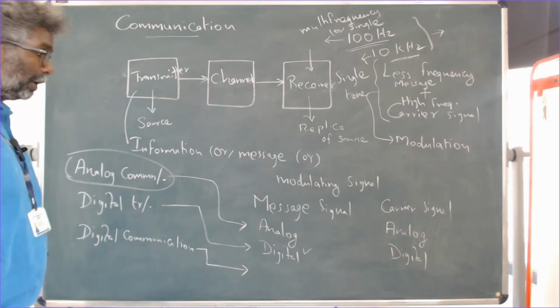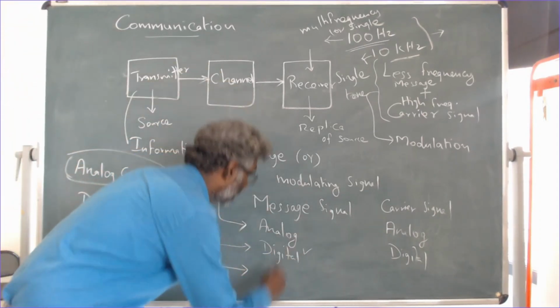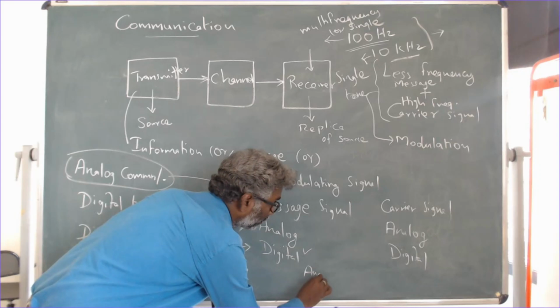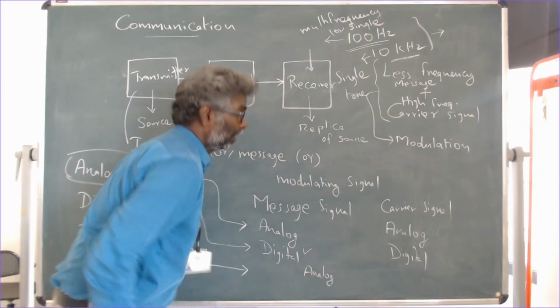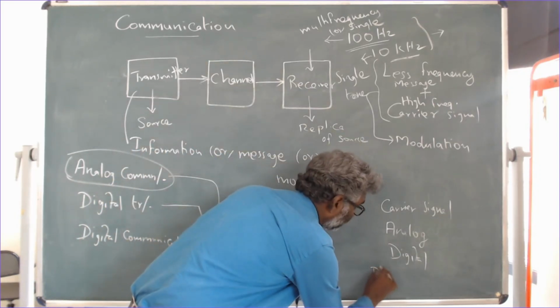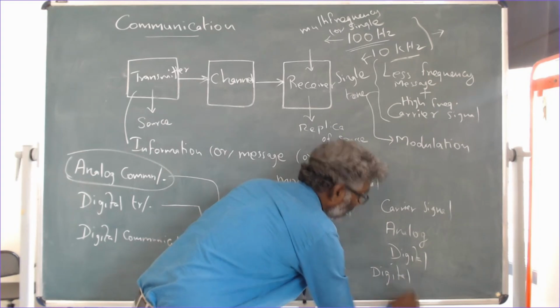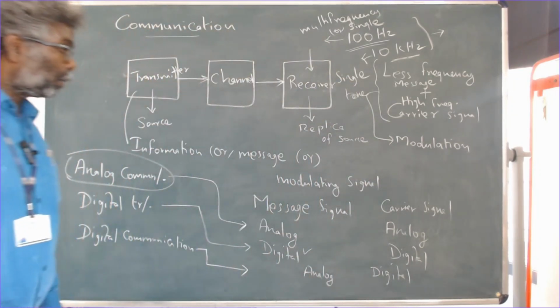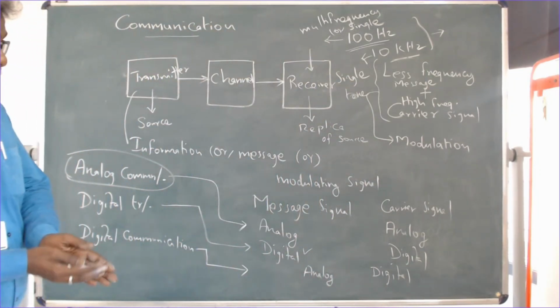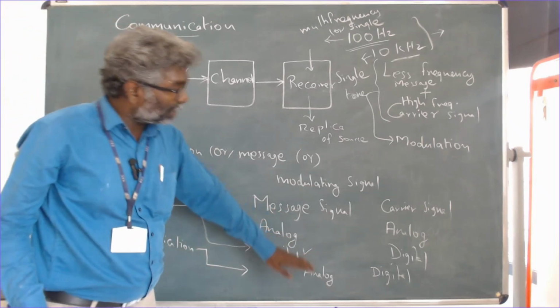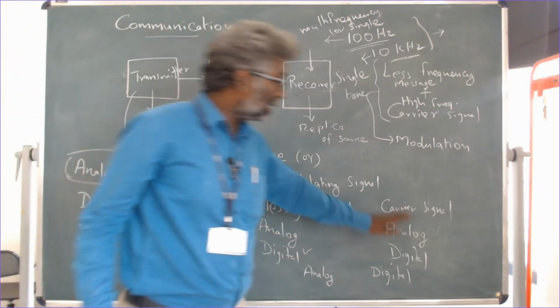For example, if you are considering an analog message and a digital carrier, then what will happen? Suppose your message is analog and your carrier is digital.